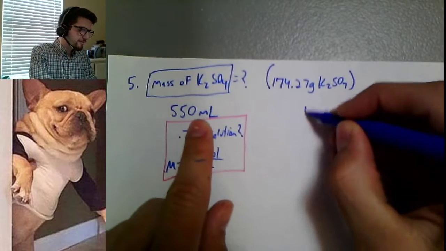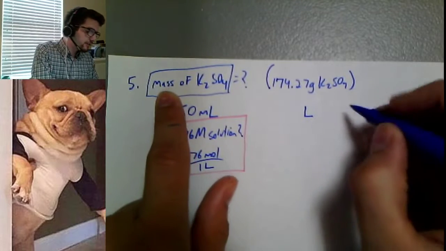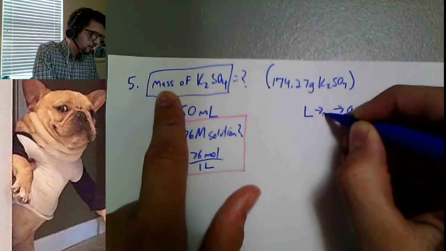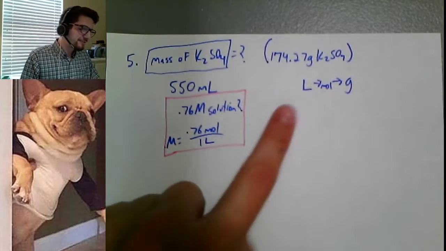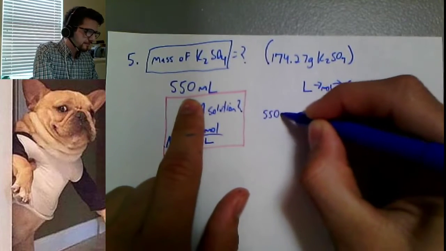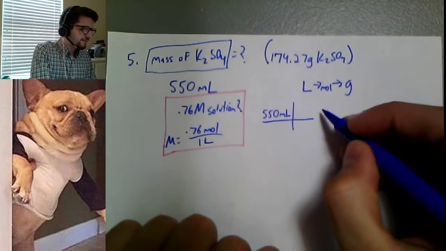We have liters. We're looking for the mass. How is mass measured in grams? What is usually the middleman? Moles. We're doing the exact same thing that we did before we left. So liters, where did we start? They give us 550 milliliters. Okay? Milliliters is not liters.